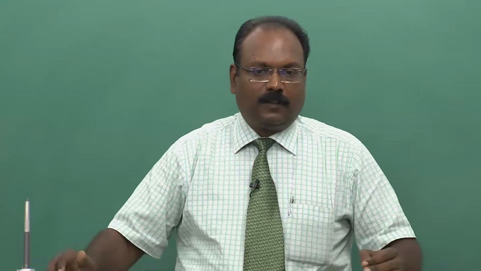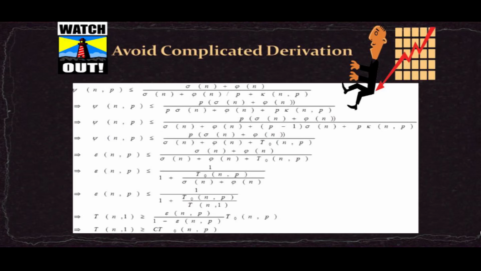Now, watch out, avoid complicated derivation. Look at the one that I am showing you. I do not know, even a maths teacher or somebody who is so good in theorems and all that will be able to just take a quick look and understand what is the purpose of showing this.